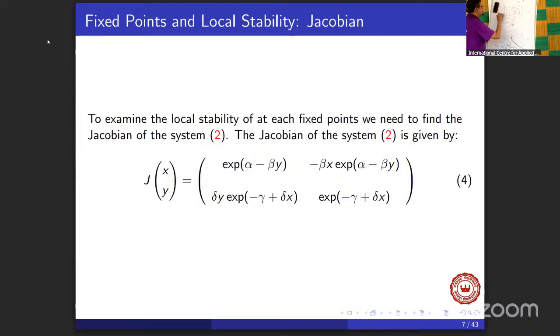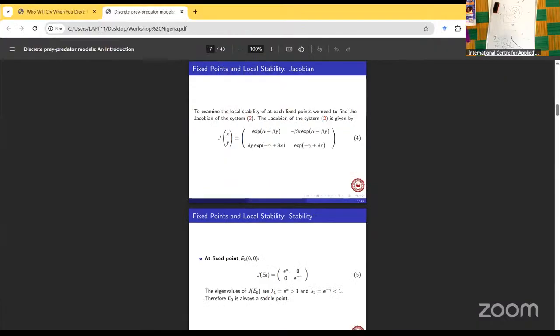That means in the continuous system, the system is a center, meaning the eigenvalues from the Jacobian matrix are purely imaginary and it is an oscillatory behavior.